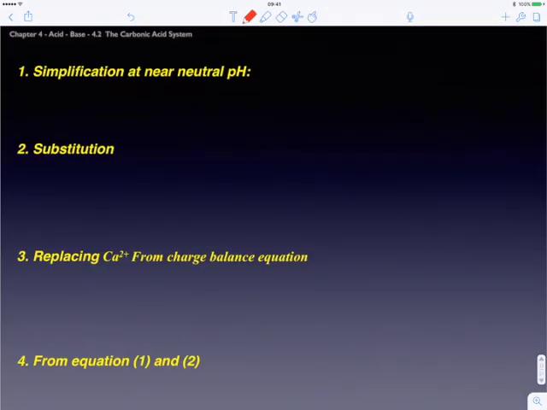This simplification will give you that 2 moles of charge from the calcium will equal 1 mole of HCO3-.